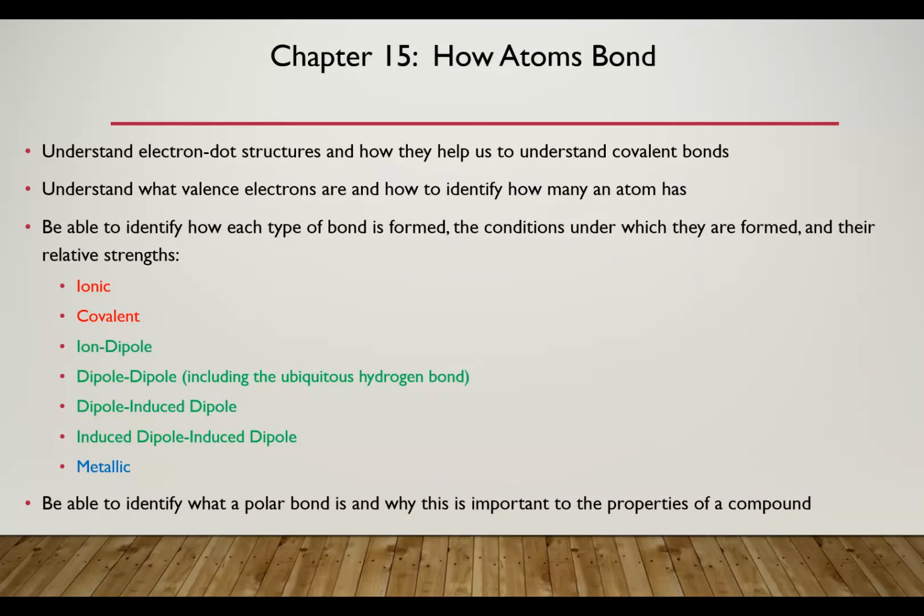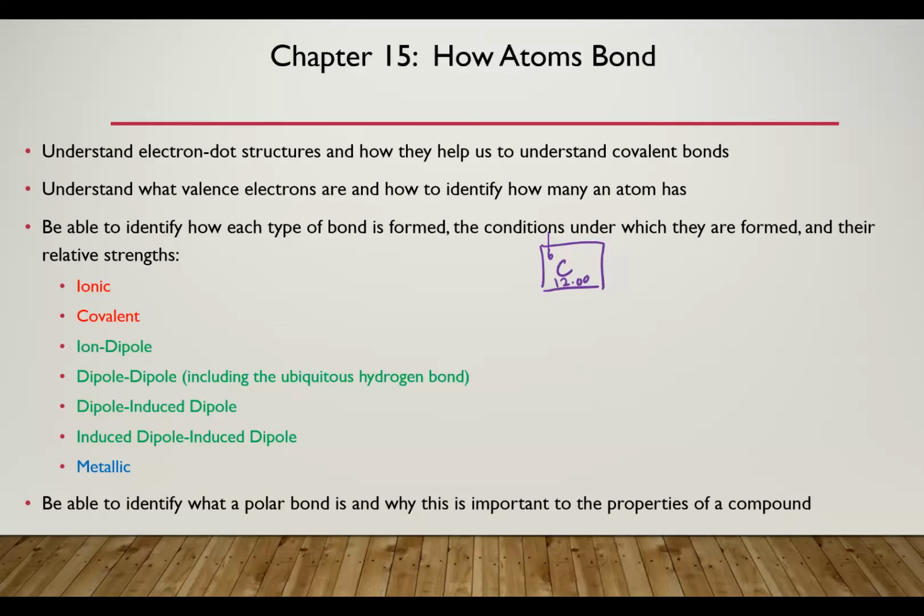Chapter 15, how atoms bond. So we have the electron dot structure. The electron dot structure is easy. You look at, let's say, carbon. Carbon is, if you look at it on the periodic table, it's the element with 6, has a mass of 12.00.